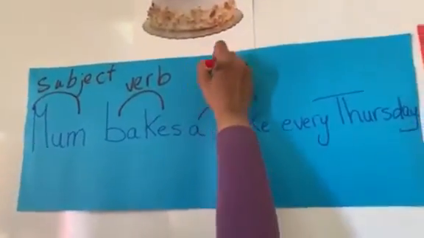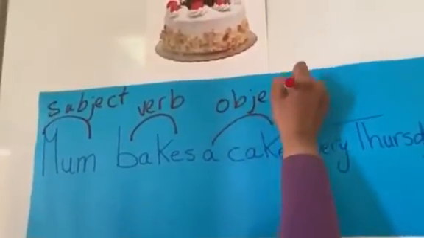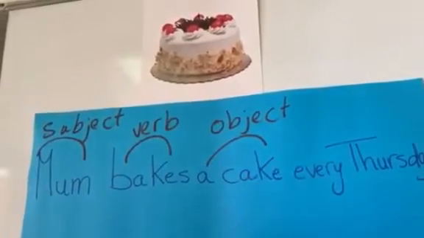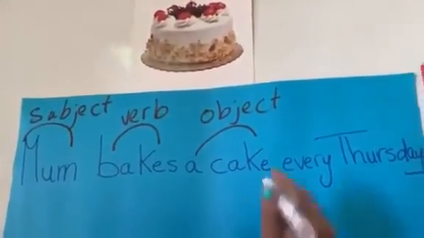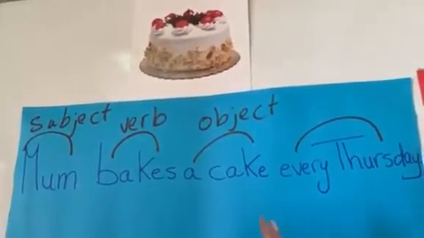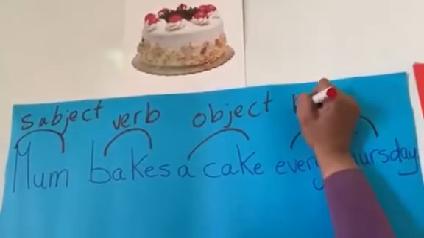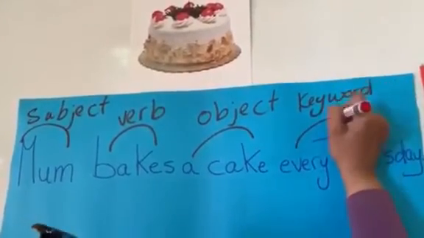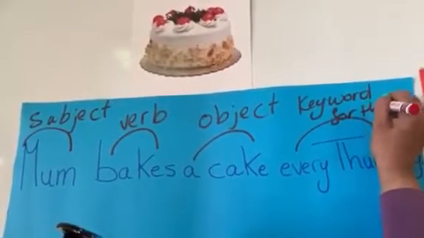It is the object, okay? The thing that the action is done to or done upon. And then here I have every Thursday. Every Thursday is the keyword that indicates the tense.